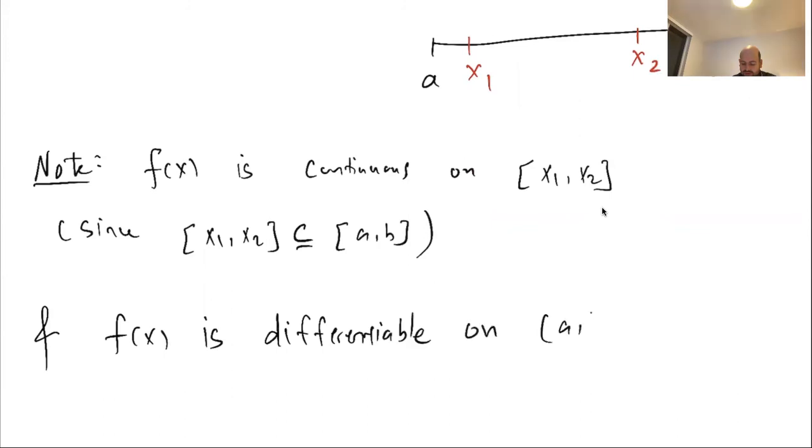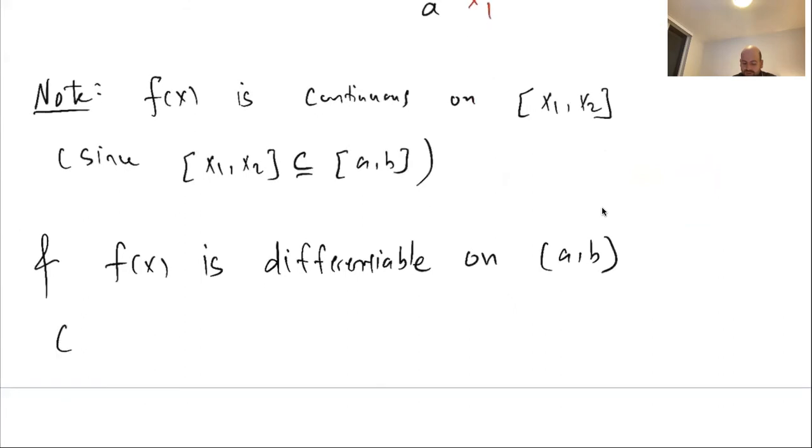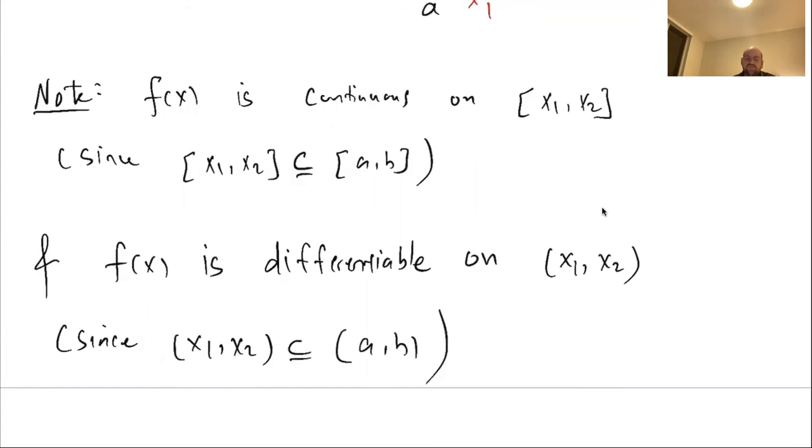Again, since the open interval x1, x2 is a subset of a and b, and f is differentiable on the whole interval a and b, of course it will be differentiable on the interval x1 and x2 automatically.